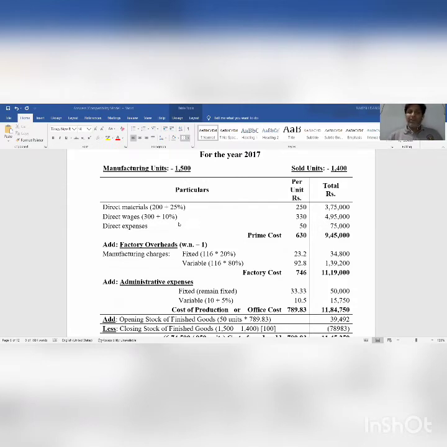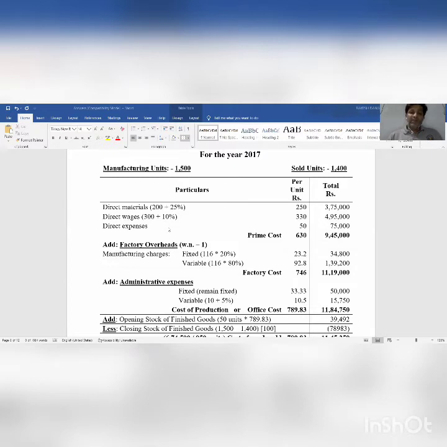Direct wages is also a variable nature expense, so 300 plus 10%. 10% of 300 makes it rupees 330 per unit. In total, 330 multiplied by 1500 gives rupees 4,95,000. This is the total direct wages expense.